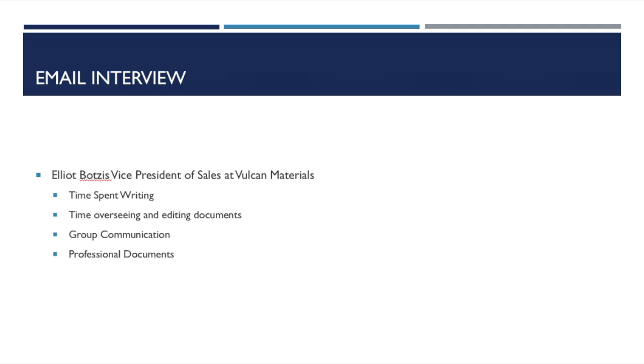Everything that he does outside of the office and with upper management in Vulcan Materials is in groups and is heavily focused on group communication with clients and with his employees.